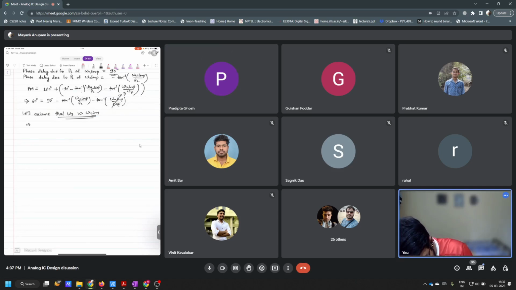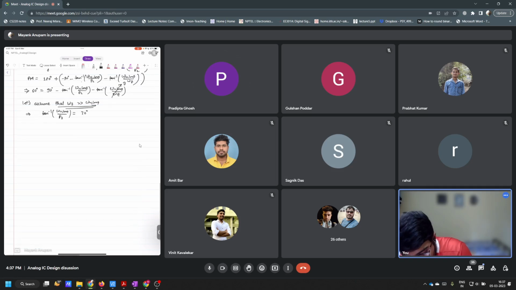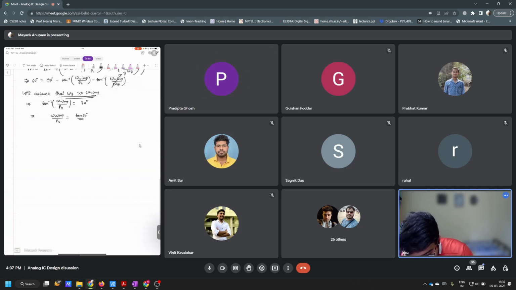So in that case, tan inverse of omega u loop by P2 will be equal to what? 30 degrees, right? So what is the relation between omega u loop and P2? Tan 30 degrees, and what is it? 1 over root 3, right?